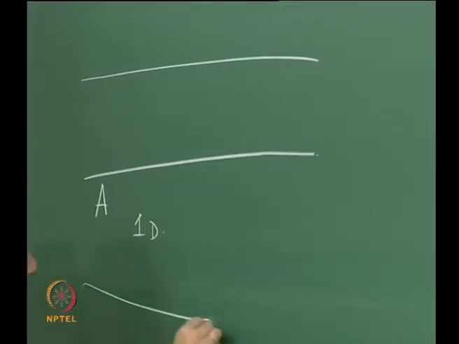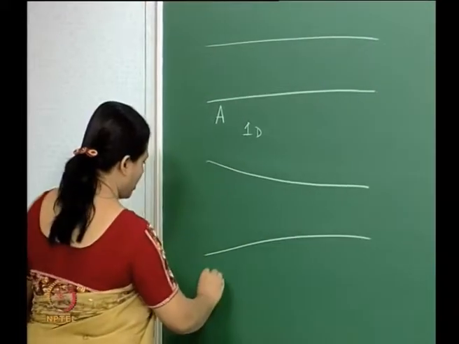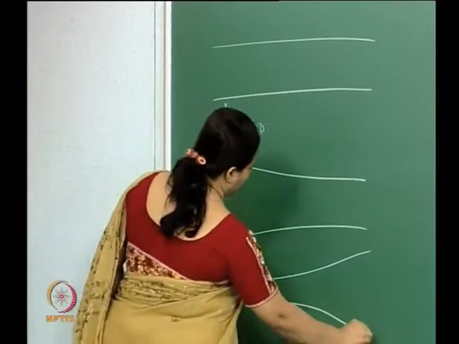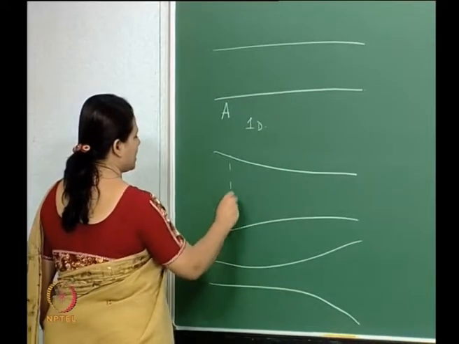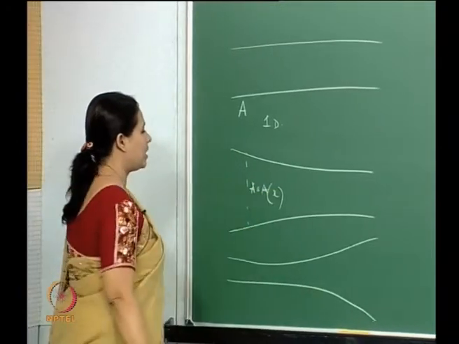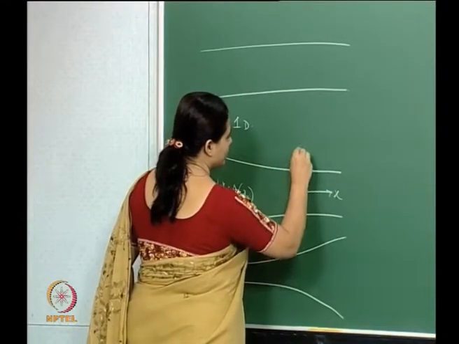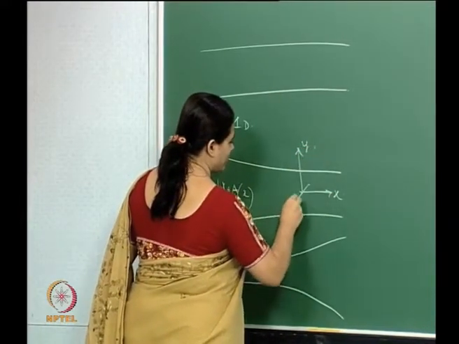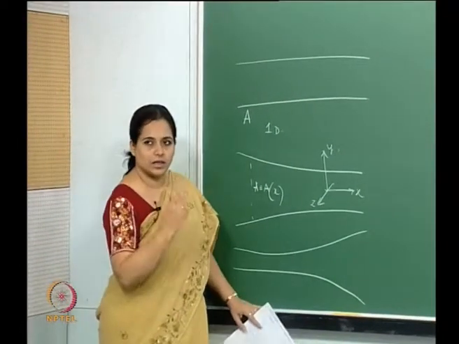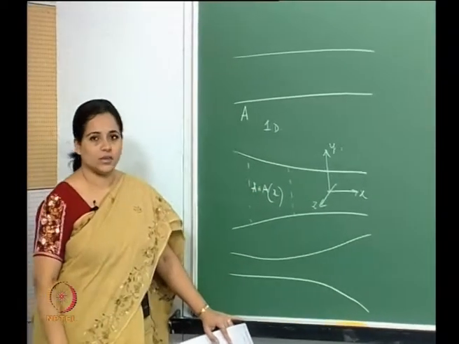But what if you have something like this, or something like that, right? So in this case, as we had said, if you have a reference frame, say like this, then at every x location you have a different area, okay?